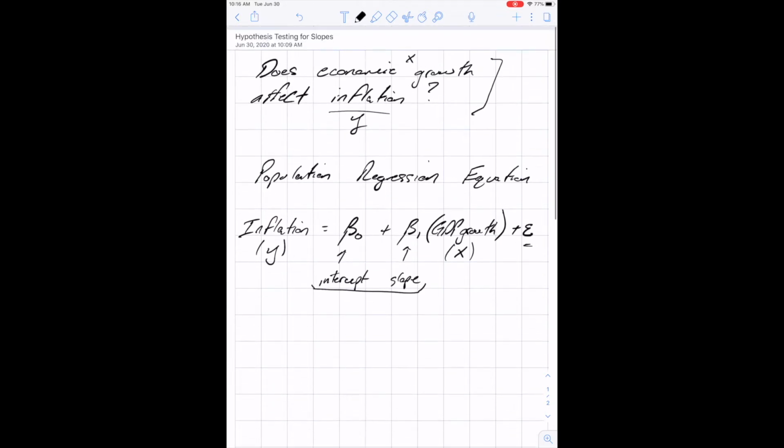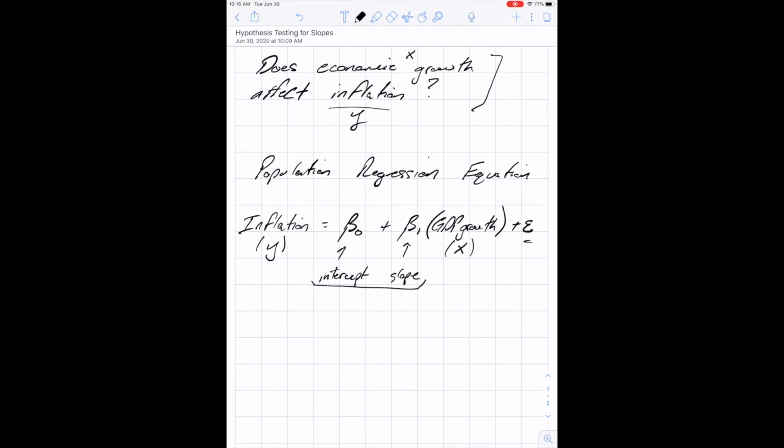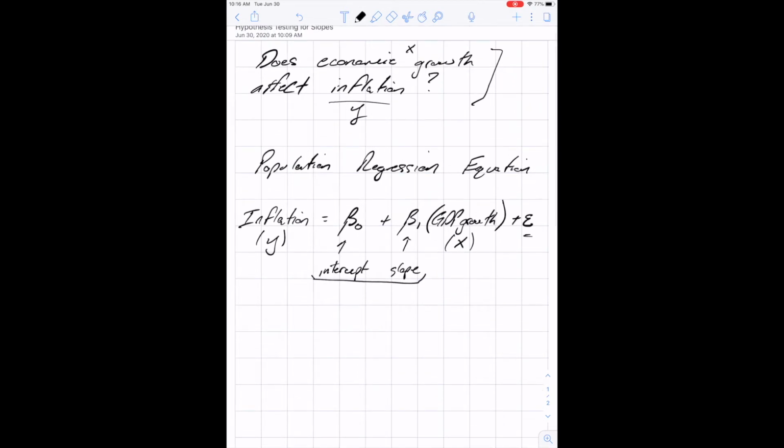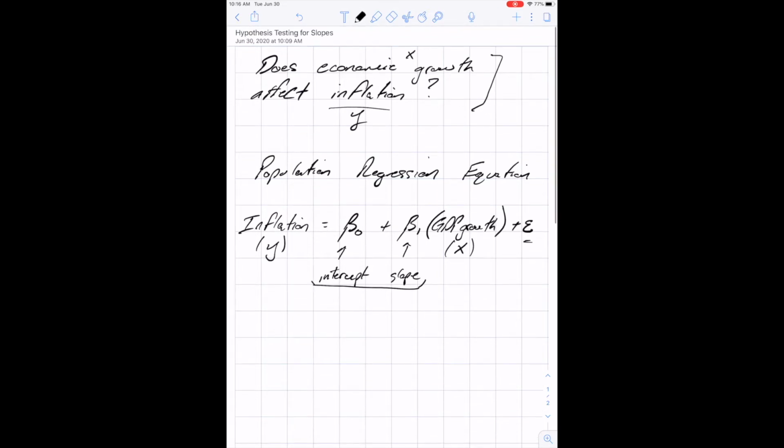And so our research question is about the slope, right? So if beta 1, the population slope, is 0, then the answer to this research question is no, because 0 times GDP growth is 0, and inflation does not have GDP growth in its equation. So that would be a no answer to this research question.